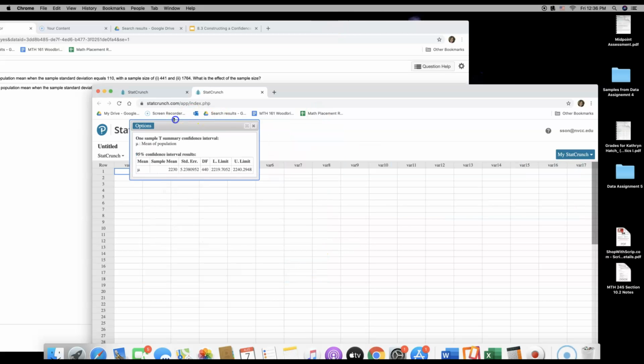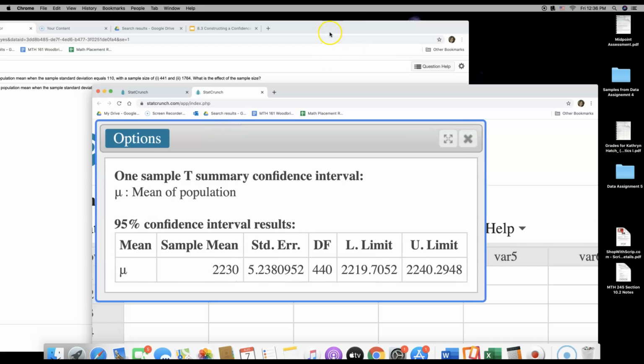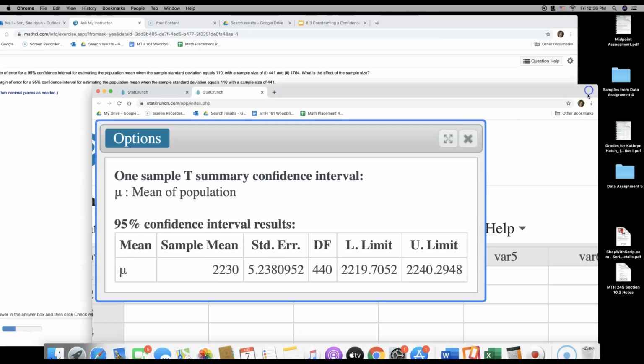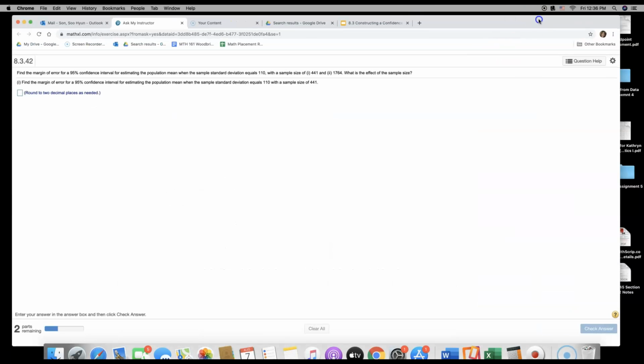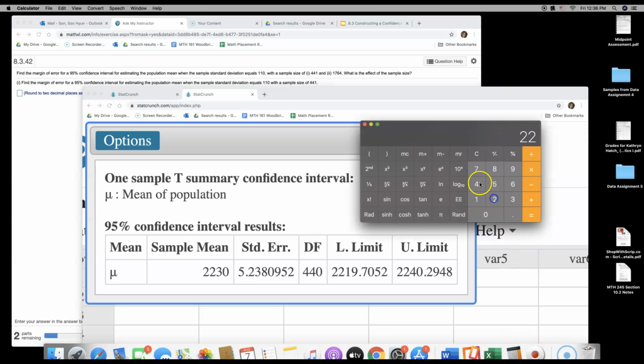Now, remember from data assignment 4, how did you find the margin of error given an output table like this? You did the upper limit minus the point estimate, right? That's what we did. So I'm going to do the same thing. 2240.2948, that's the upper limit, minus the point estimate, which is the sample mean, 2230.